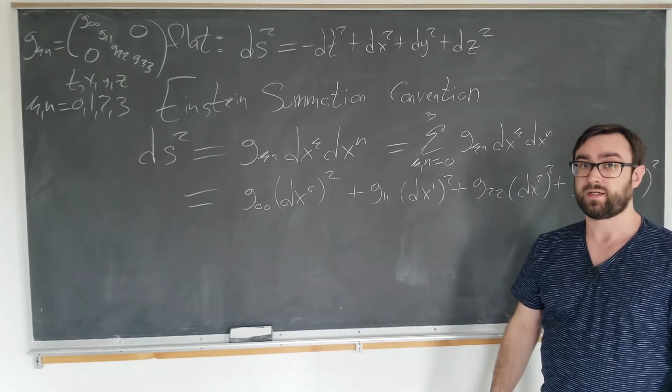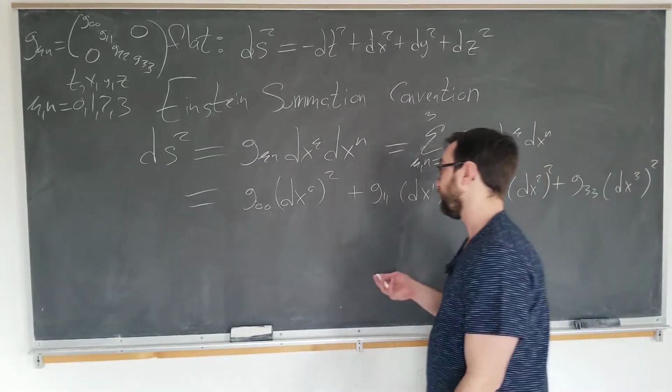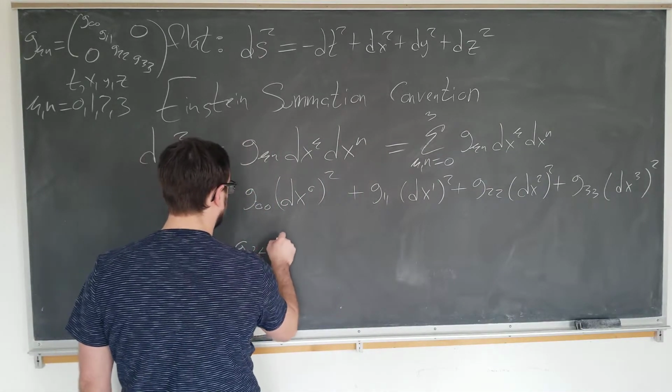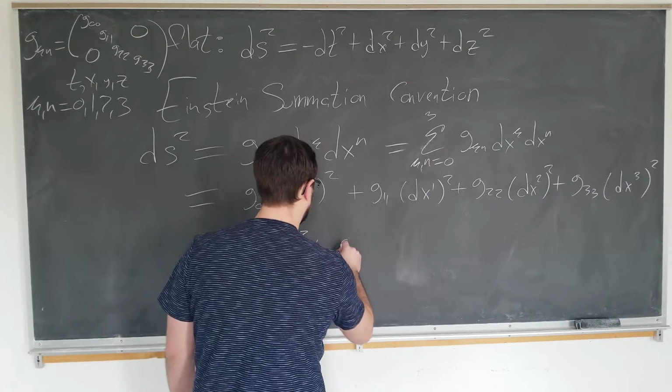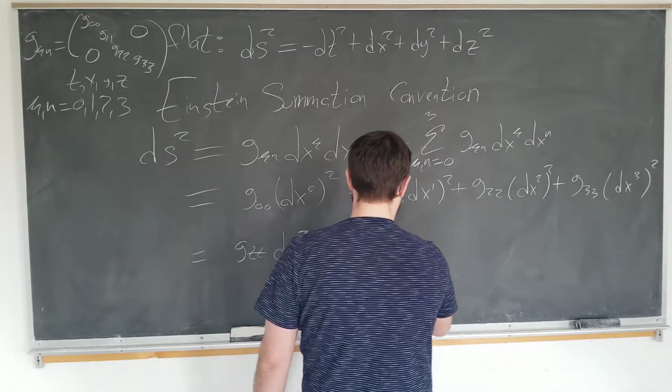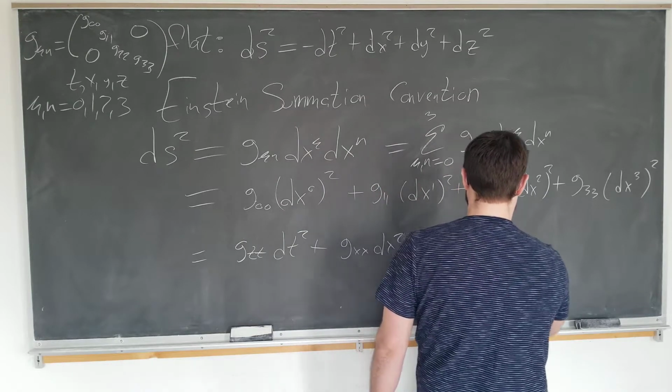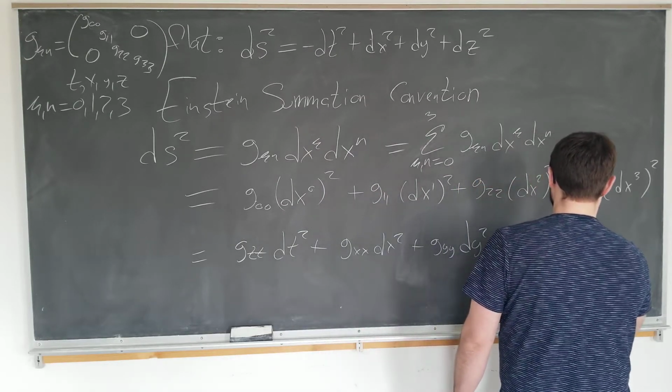I'm actually combining notations here. And we would then assign these variables the names t, x, y, and z to conform to standard convention: gtt dt squared plus gxx dx squared plus gyy dy squared plus gzz dz squared.